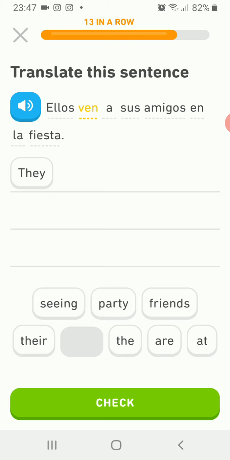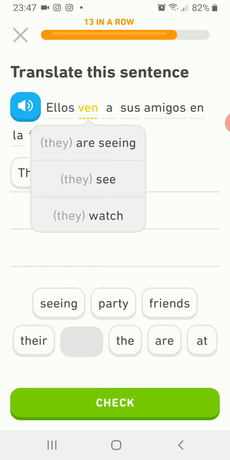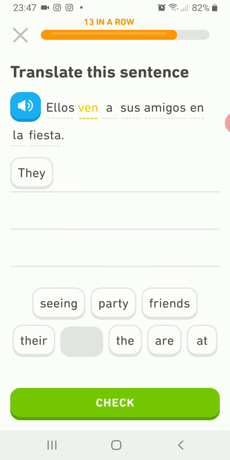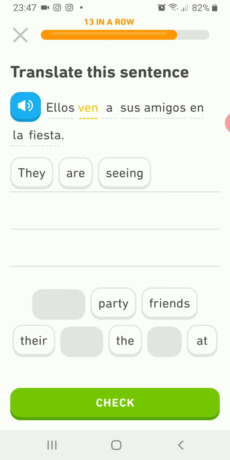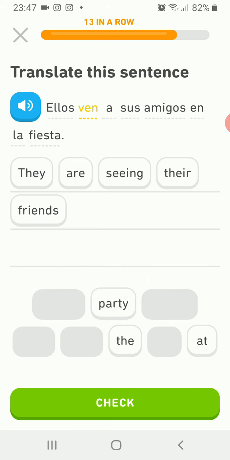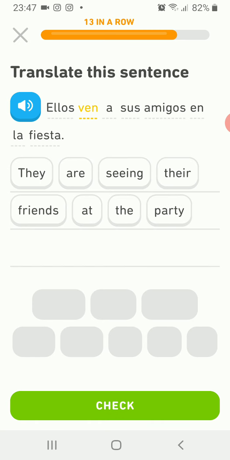So vemos, nos vemos. Yes, vemos, ven. Ven is to see. So ellos ven, they are seeing sus amigos en la fiesta. They are seeing their friends at the party.